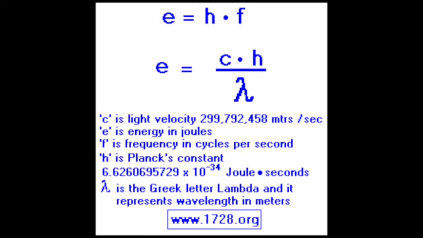Alright, so this moves us to the next equation, which will probably help you too. It is the ionization energy, E, equals the speed of light times Planck's constant over lambda, which is the wavelength in meters.